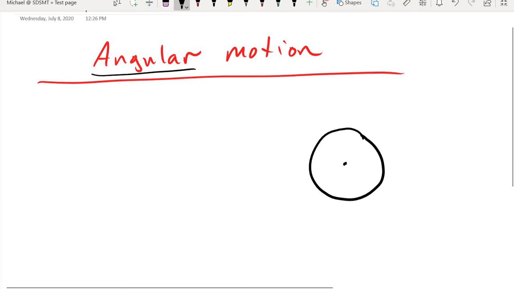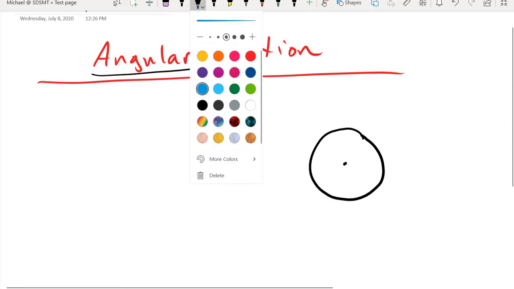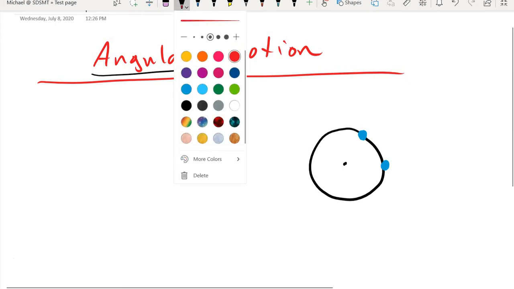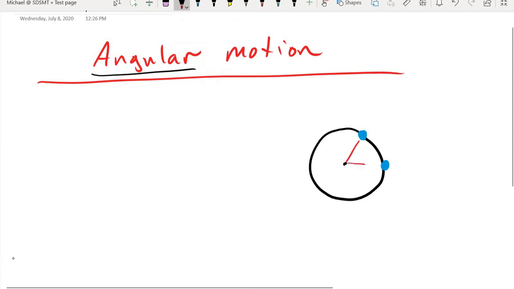And this relates back to the idea of angular motion, because what's going to happen is when we have an object that is moving in a circle, as this object moves from one point on the circle to another, there is an angle that can be measured between those 2 points.